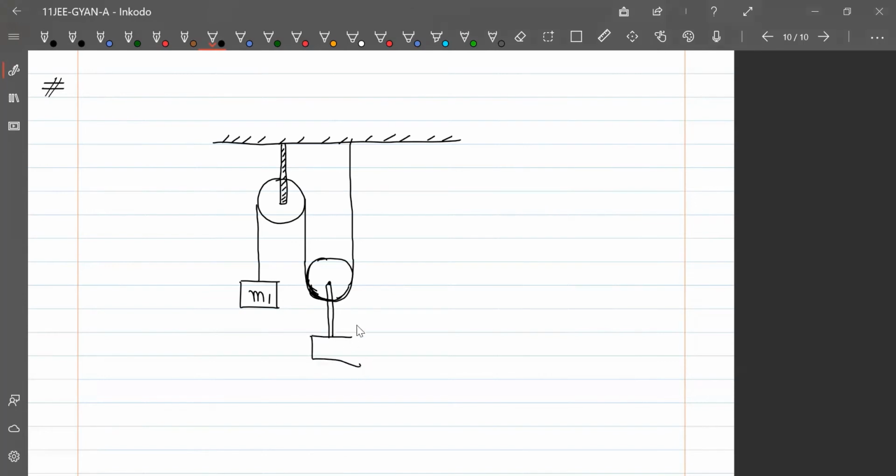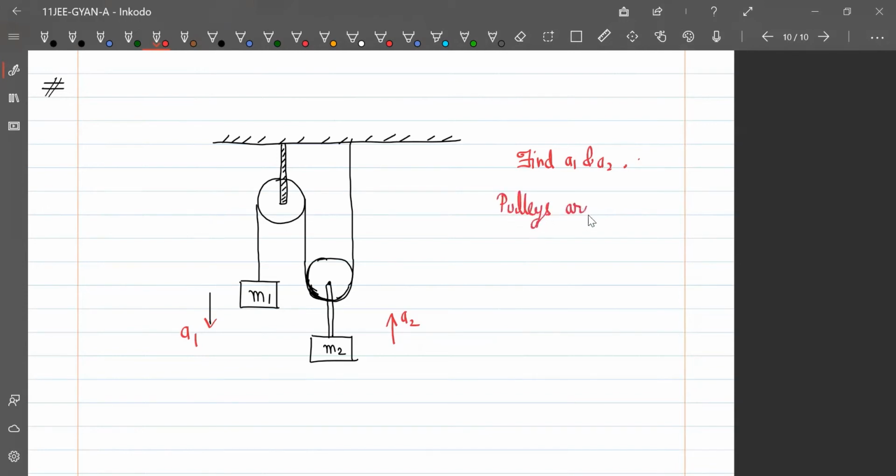And mass of this second block is M2. So let us say कि M1 नीचे जा रहा है with acceleration A1 and M2 ऊपर जा रहा है with acceleration A2. You have to find the value of A1 and A2.